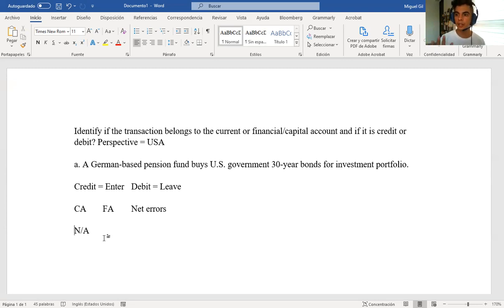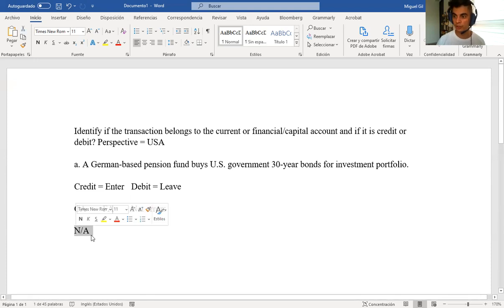So if I ask you about a transaction where there is an earthquake in Mexico and someone sends food from Europe to Mexico, and I ask you what's the impact of that transaction in the balance of payments, the answer will be that it doesn't affect the balance of payments. There is no transaction for the balance of payments because, according to the author of our book, the balance of payments doesn't reveal anything that is not money, only money, right?